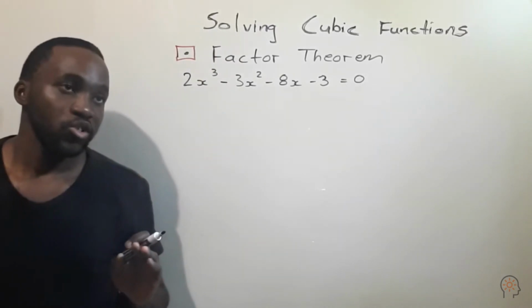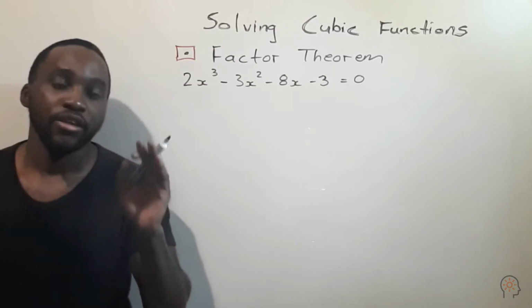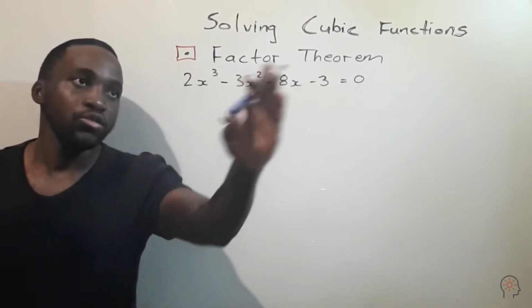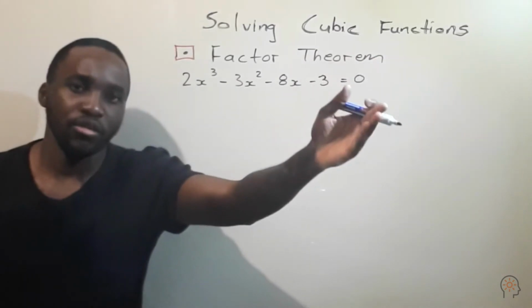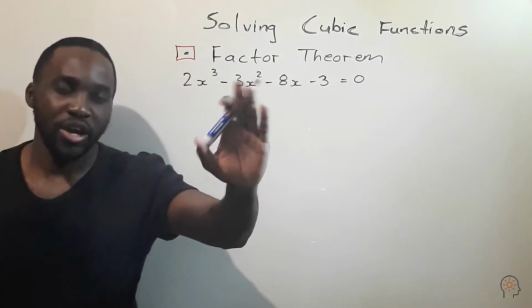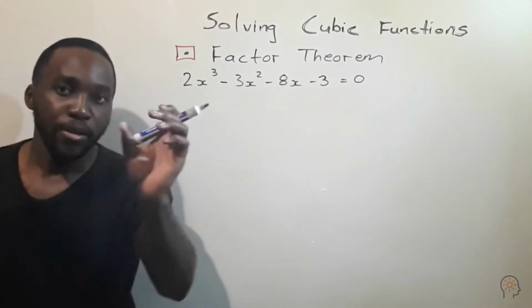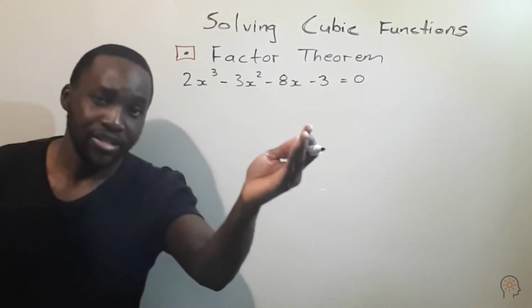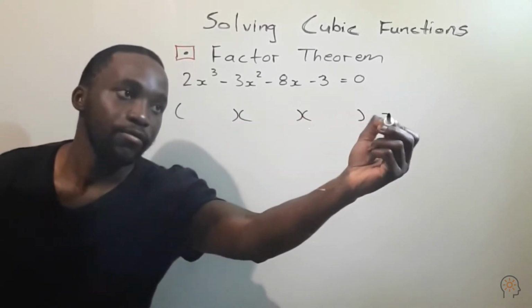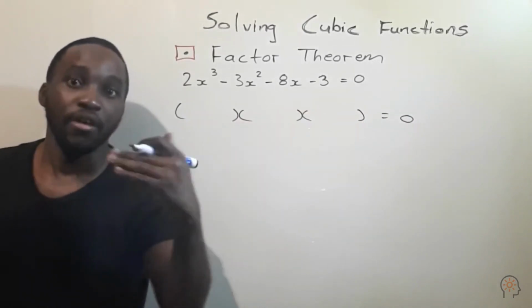Before we can do that, what you want to keep in mind is that all solutions to cubic graphs or quadratic equations or anything like that, before the final answer, while they're still in brackets, we usually refer to as factors.